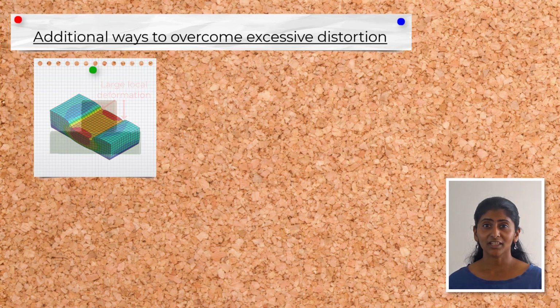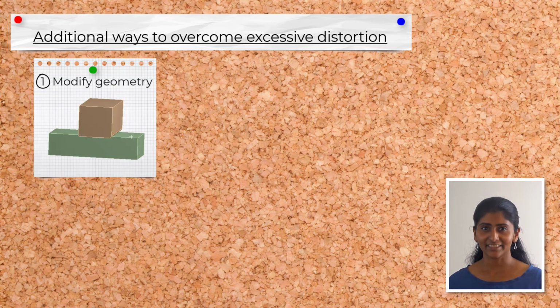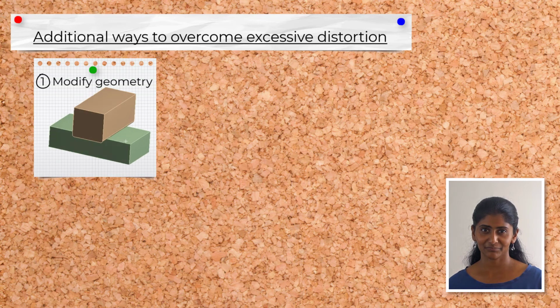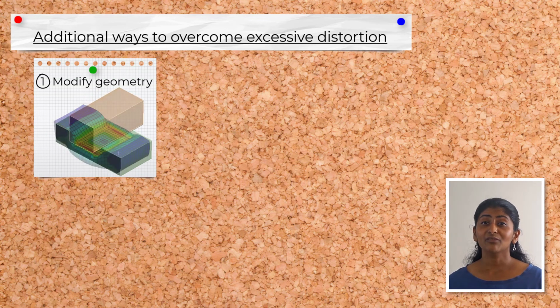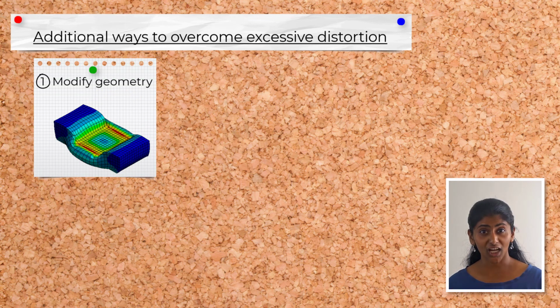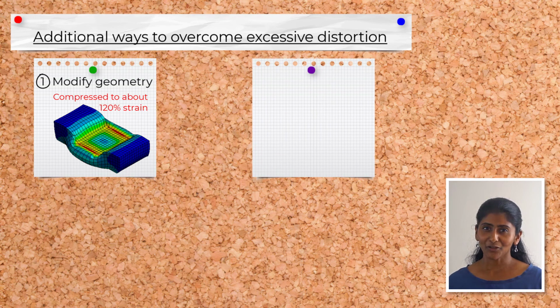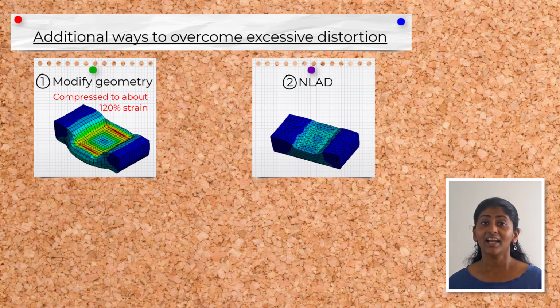One way to overcome this issue is to modify the design and hence the geometry of the rigid block to smoothen these sharp edges. Now, because we have redistributed some of the sharp localized strains, we can see that the rubber block can be further compressed. Another possible option is to use nonlinear mesh adaptivity or NLAD.